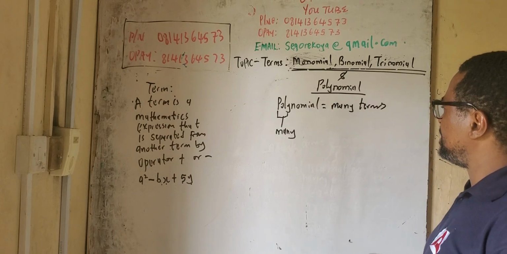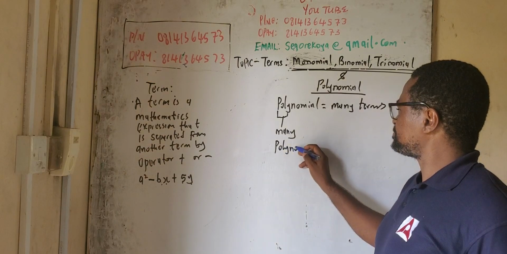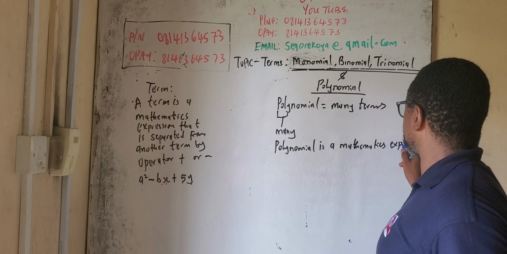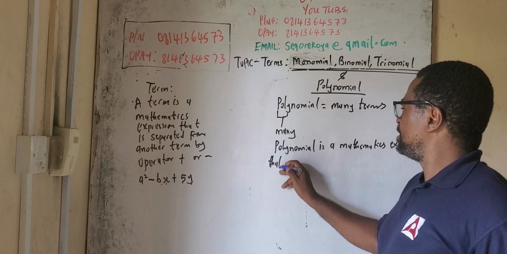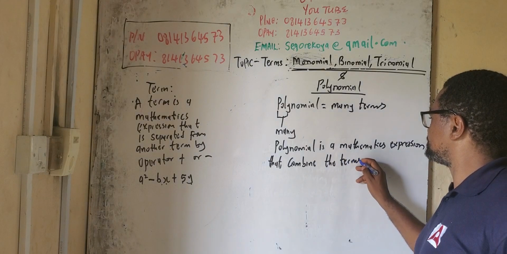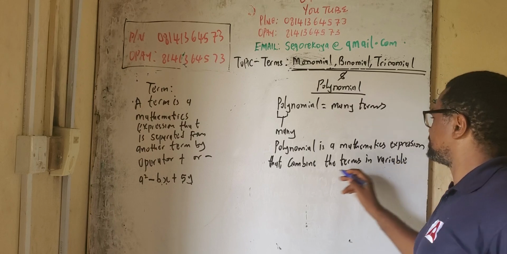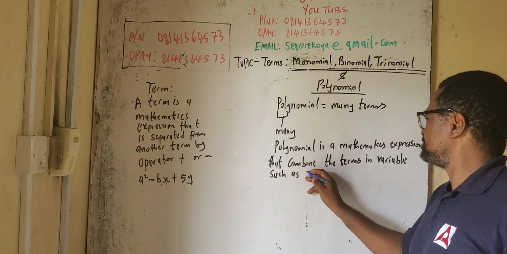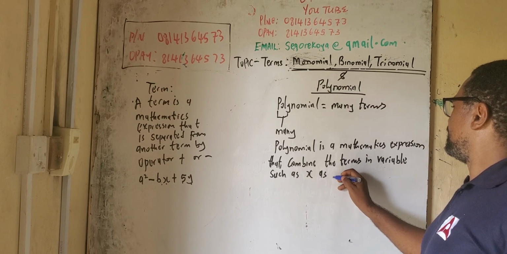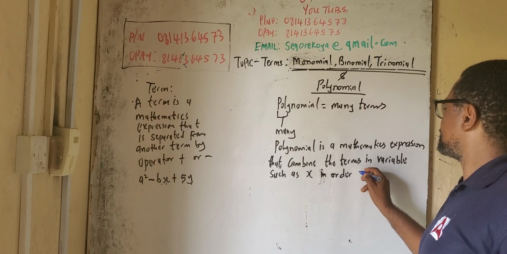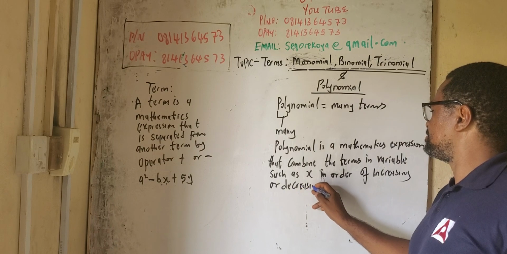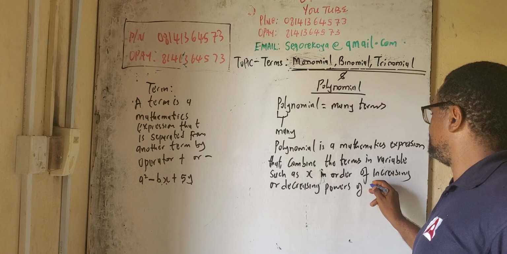Now, in mathematics, generally, a polynomial is a mathematics expression that combines the terms in variables such as x, in order of increasing or decreasing powers of the variable.